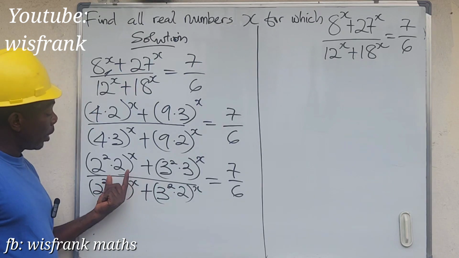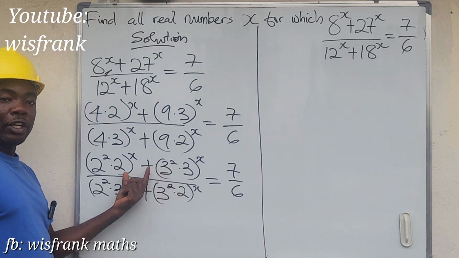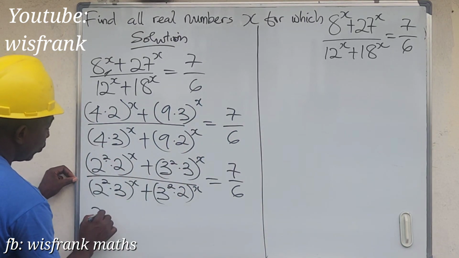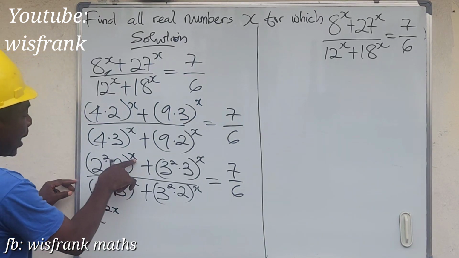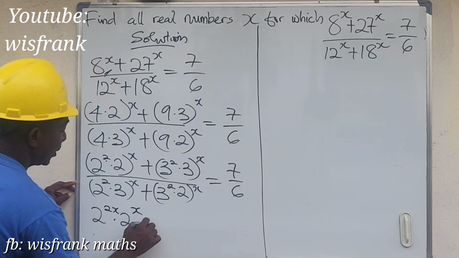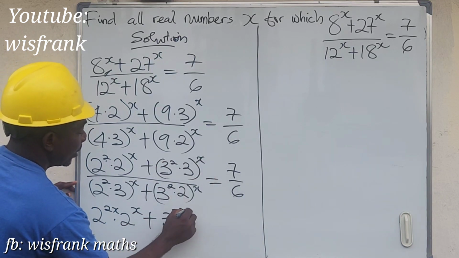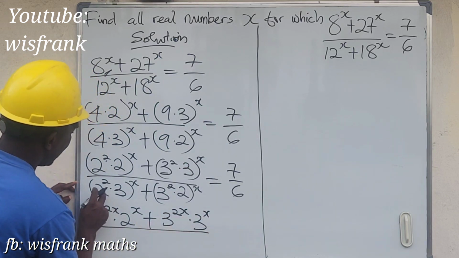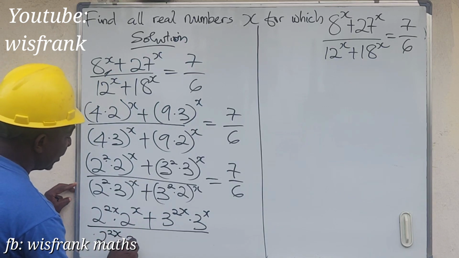So in this case, we have everything to the power of x. So we are going to distribute the x into each of these units. So here it will become (2^2)^(2x)... times 2 raised to the power of x, plus here we have 3 to the power of 2, times x, we have 3^(2x) times 3 to the power of x, all over 2 to the power of 2 times x times 3 to the power of x.